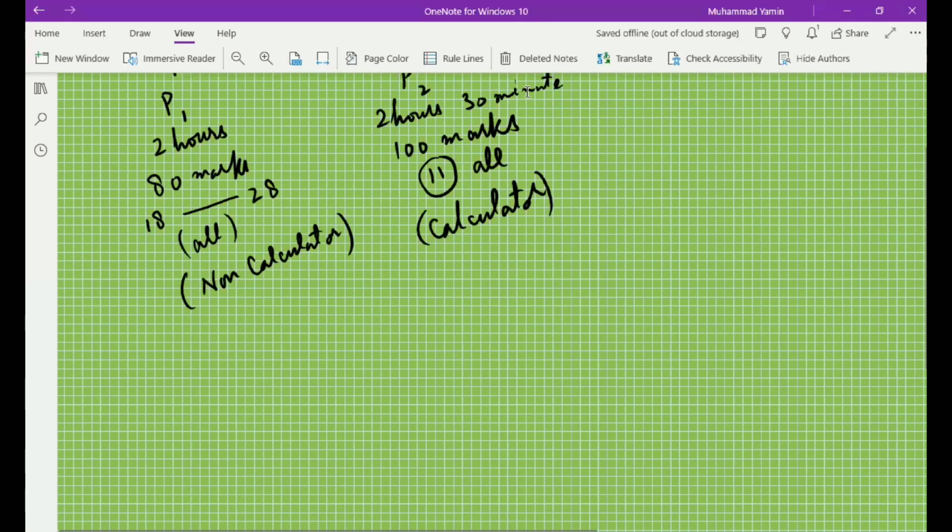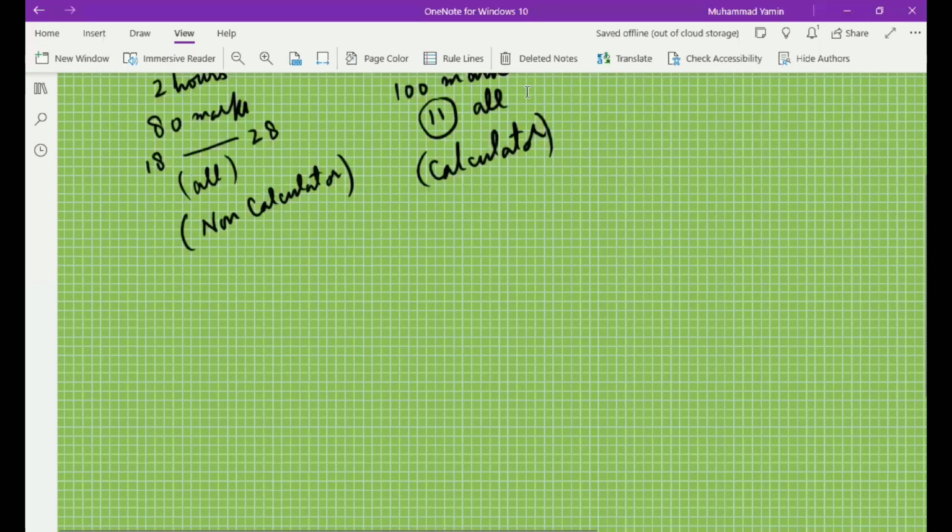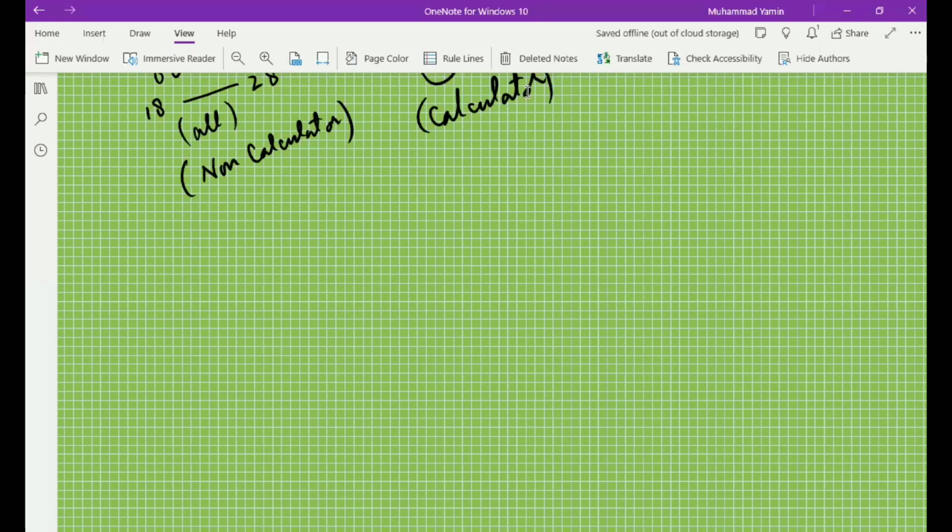So let's start with the syllabus. In the syllabus, 60% is where you are involved with some kind of calculations, while 40% is again divided into 30% and 10%.